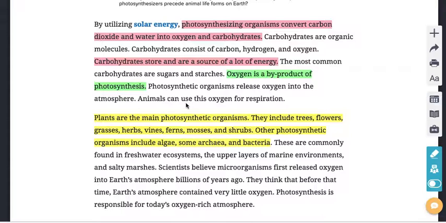So again, the reactants, the chemicals that will react, are carbon dioxide and water. Now they mix those together, but on their own, those two things won't just spontaneously turn into sugars and oxygen. So we need some kind of energy source, and that energy comes from the sun.